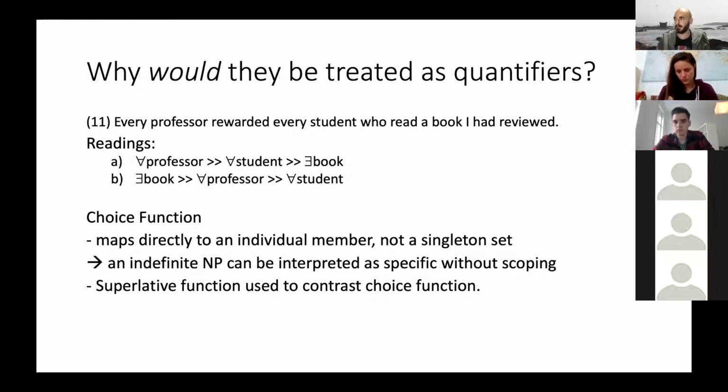So basically it refers to a specific entity, one single salient book. And there, it doesn't really depend where you put it in the scope configuration of the sentence, because it doesn't have its own quantificational force. So it will always be a specific book that we are referring to, right?